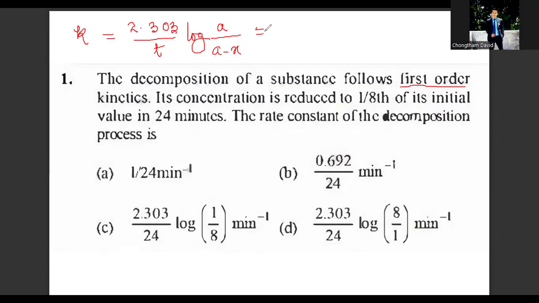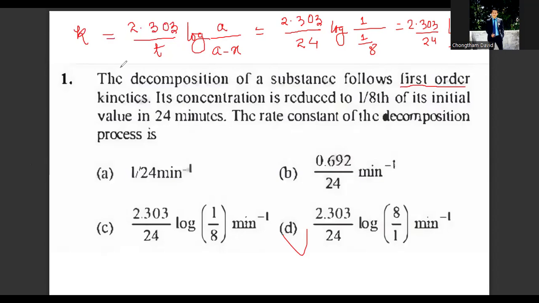You're given 24 minutes as the time, so 2.303 divided by 24, and the concentration is reduced to 1 by 8. If you simplify this equation, you get 2.303 by 24 log of 8. So if you check the answer, the option would be D. So for question number 1, option D is the correct answer. I hope it is clear.